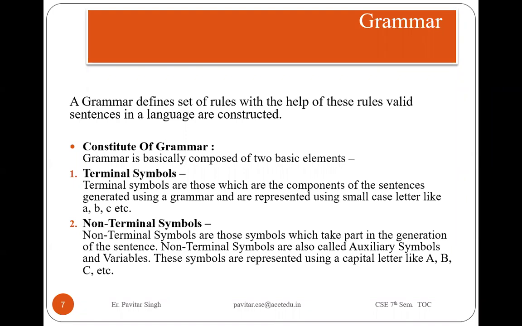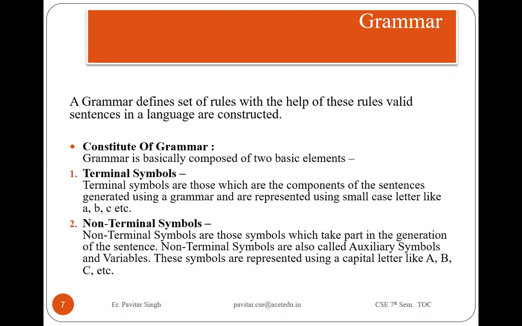All these small alphabets, small a, small b, small c, they are covered under the category of terminal symbols, right? And all the capital letters, they are called non-terminal symbols, or you can also call them variables or auxiliary symbols, right?